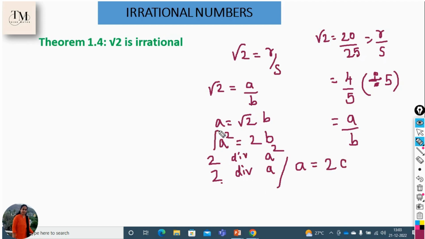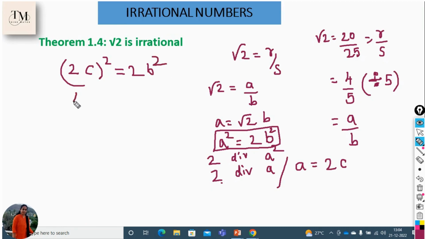Okay. So I am going to substitute a is equal to 2c in this equation. If we substitute this in this equation, we get (2c) whole square equal to 2b square.